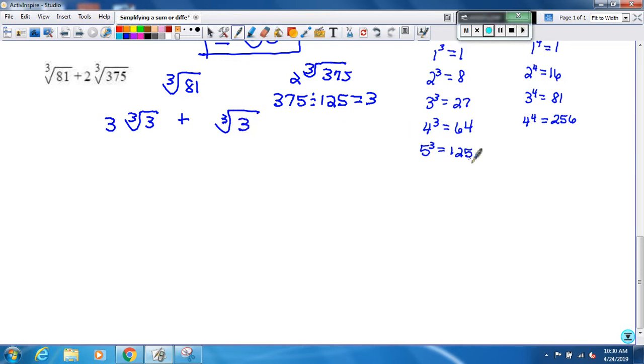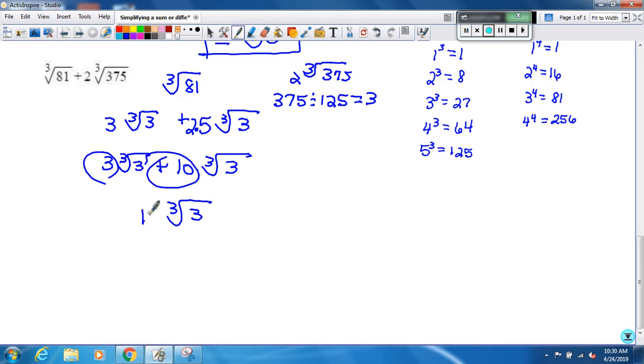And then since we divided by 125, the 5 stays out front. But this term also had a 2 out front. So we've got 3 times the cubed root of 3 plus 2 times 5 is 10 times the cubed root of 3. So you total up your cubed root of 3. 3 plus 10 is 13.